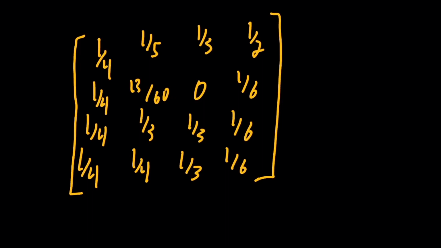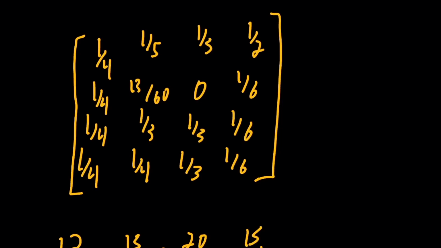So for column 1, that becomes 12 over 60 plus 13 over 60 plus 20 over 60 plus 15 over 60.